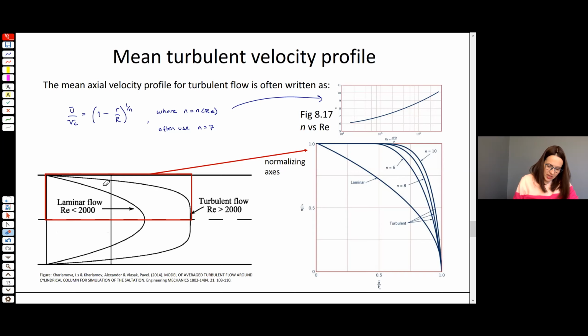All right, now if we just look at the upper half of this velocity profile, we get figure 8.18 from the textbook. So here on the horizontal axis, we've got the mean velocity divided by the centerline velocity. And on the vertical axis, we've got the normalized radius. So here we've got the pipe centerline.